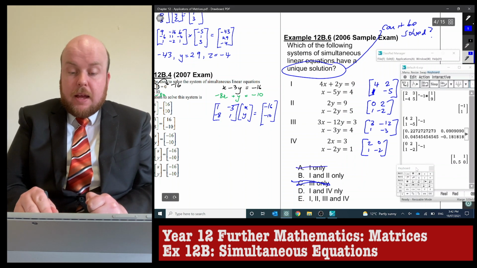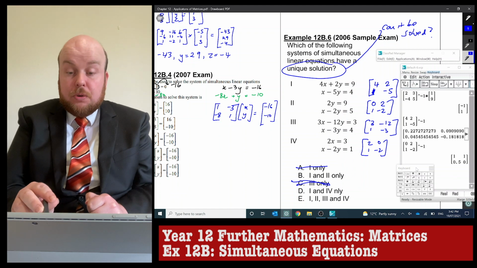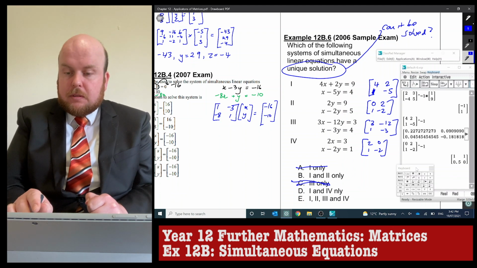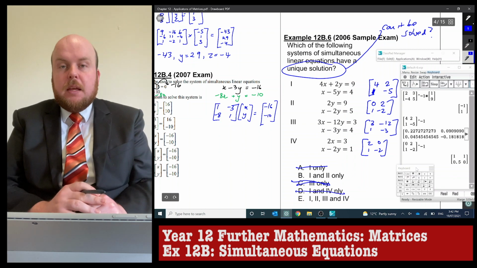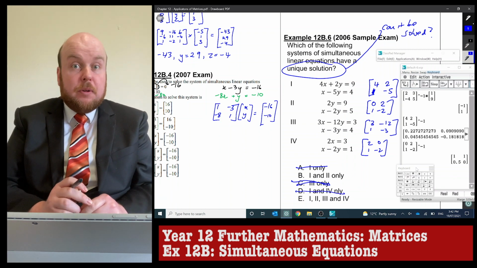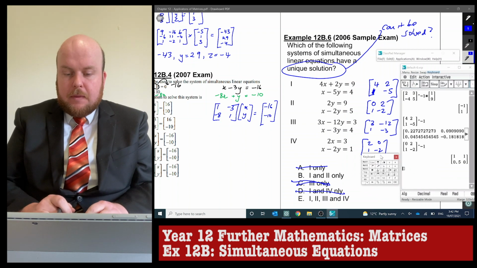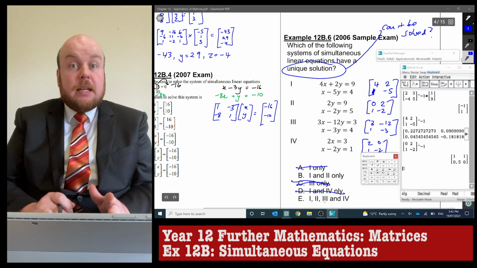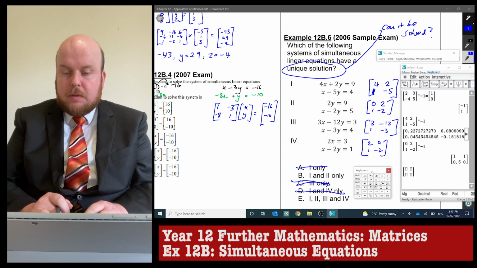So we can get rid of A, and since 2 was able to be inversed, we can actually get rid of D as well. Because that's just suggesting that 1 and 4 only, but no, we've seen that D can be as well. And then we might see if the third one can as well.